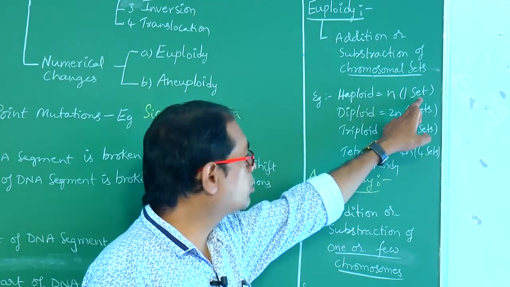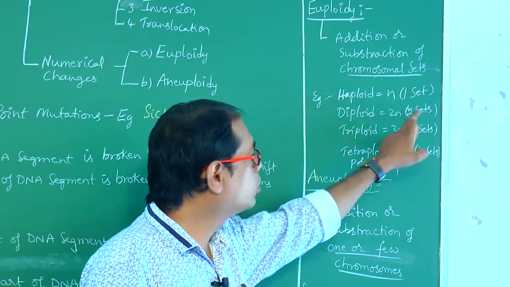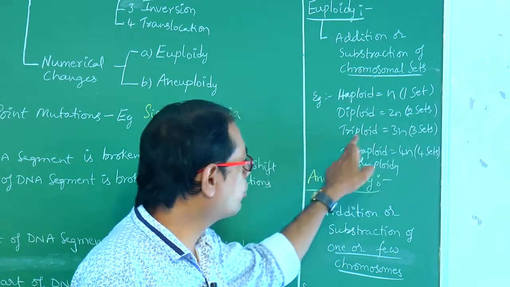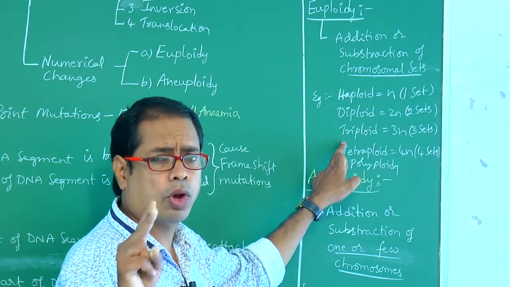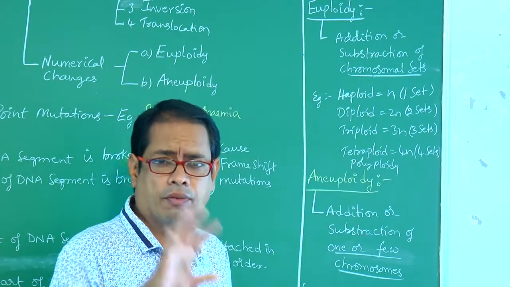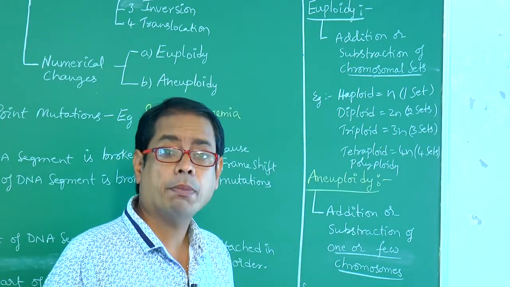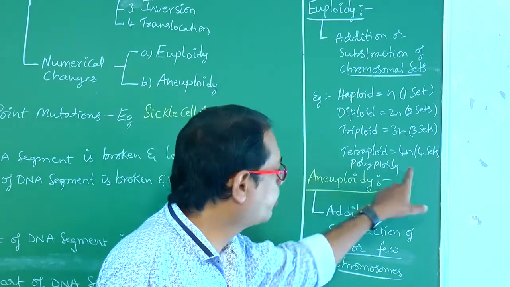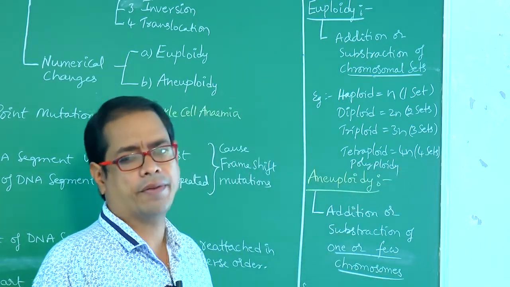One set of chromosomes is called haploid. Two sets of chromosomes is called diploid. Three sets is called triploid. Four sets is called tetraploid. Five sets is called pentaploid. More than five sets is called polyploid. Like that, euploidy has different types.